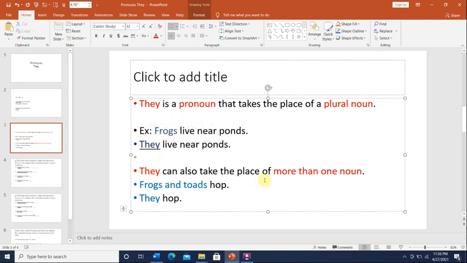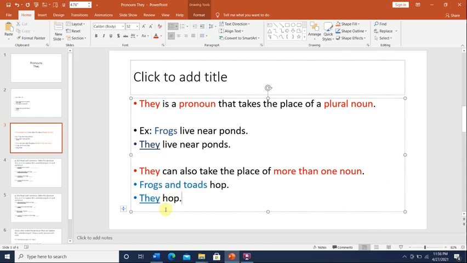They can also take the place of more than one noun. Like if I'm talking about more than one thing. Like here I have frogs and toads hop. I'm talking here about more than one frog and more than one toad. So how can I replace them? I will also replace them with the pronoun they.